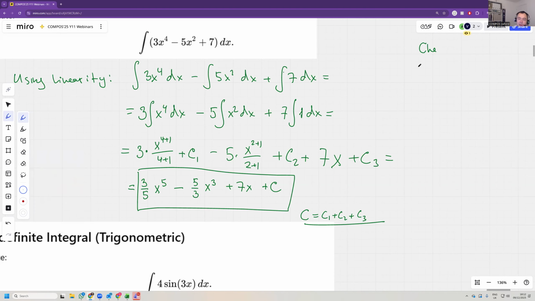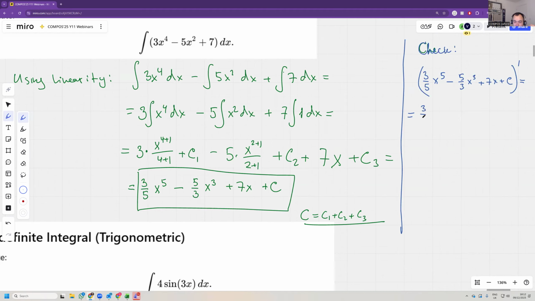And let's use a different color to check. Let's take 3/5 x to the power 5 minus 5/3 x cubed plus 7x plus c, and we find the derivative of that.